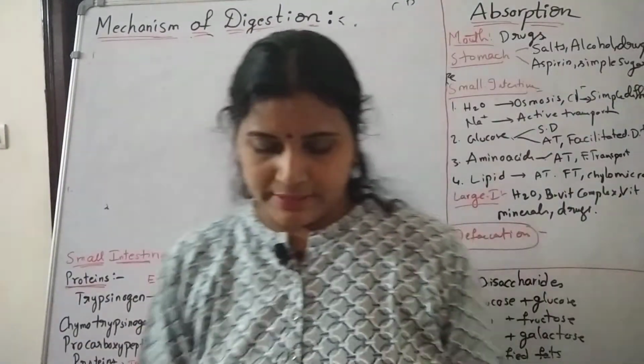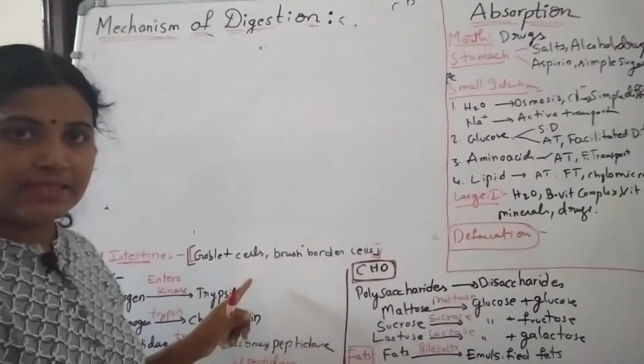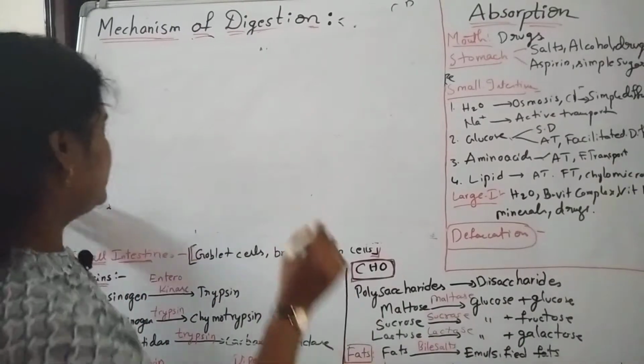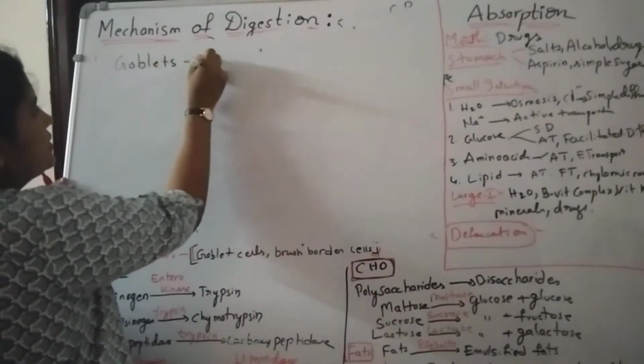So the small intestine contains goblet cells and brush border cells, okay. I am writing like this: goblet cells and their secretions.